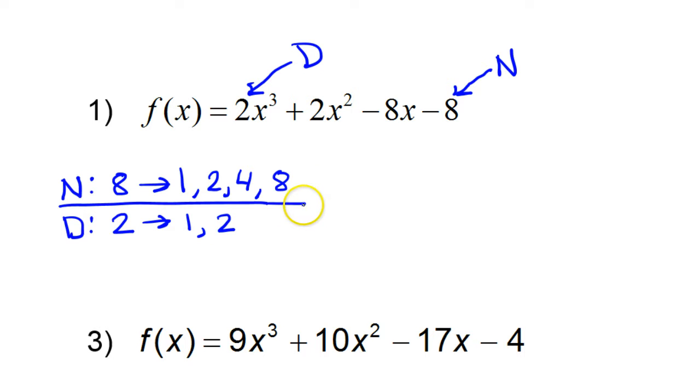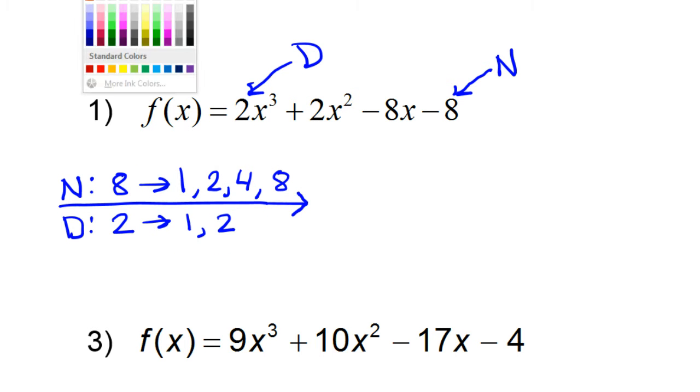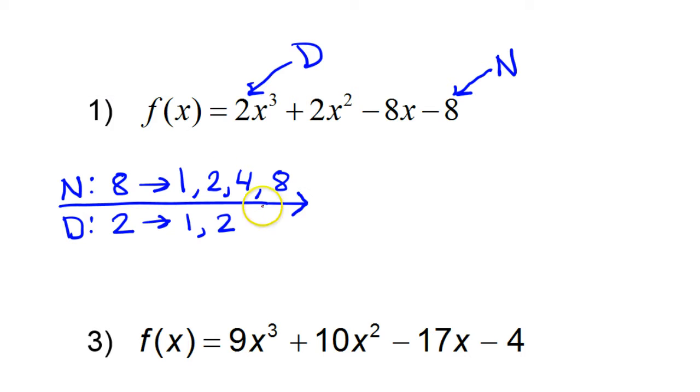So to make a list of the possible rational zeros, I'm just going to mix and match these numerators with these denominators. Now, we want to do this in a systematic way, so I recommend taking one denominator at a time. So let's start with a denominator of 1.